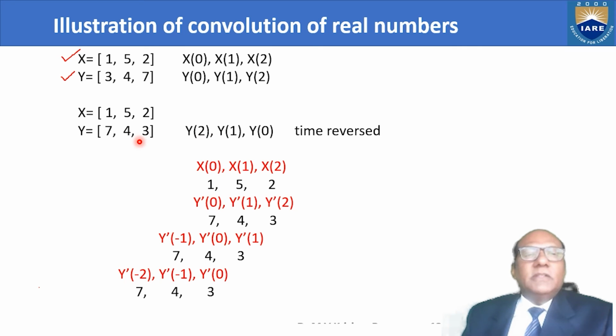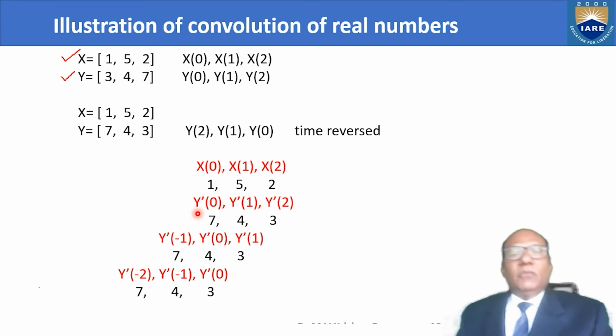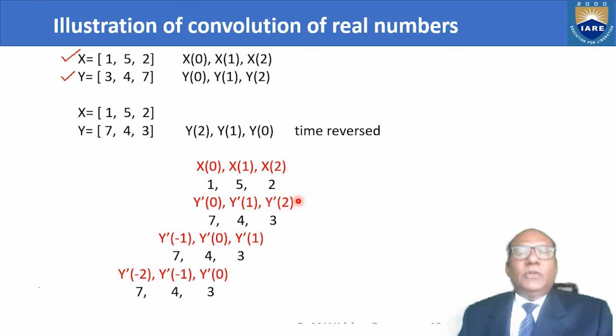Originally this was y0, y1, y2, which is 3, 4, 7. Now it has become y2, y1, y0, that is 7, 4, 3. Just for a change, I am using the variable y prime: y prime of 0, y prime of 1, y prime of 2. So this is the new y after time reversal.